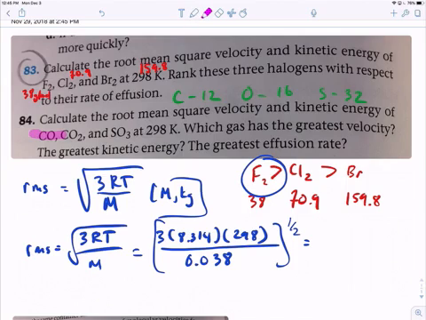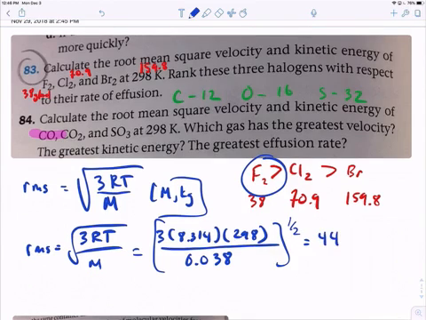And just calculate the root mean squared velocity for carbon monoxide, because you don't have to do them all. That would take too long.